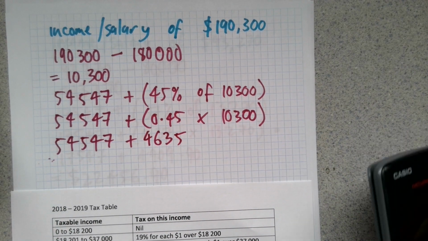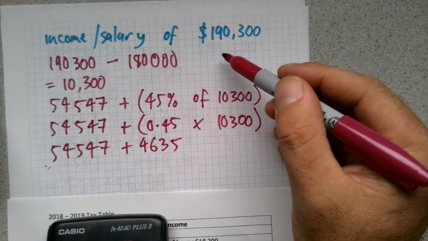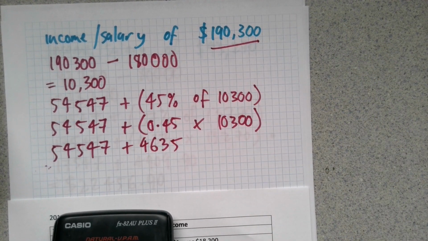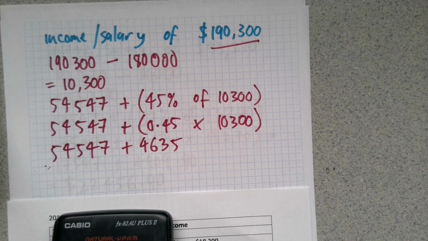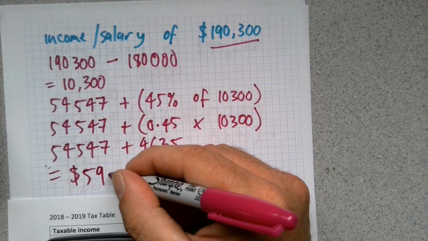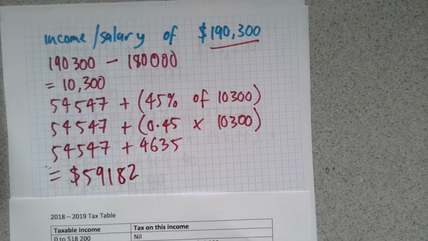And now what we need to do is add those two amounts to work out the total tax payable on an income of $190,300. So add 54,547, which gives me a total of 59,182.